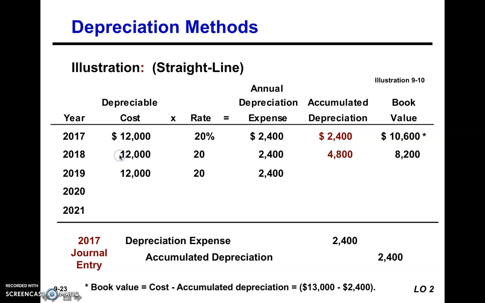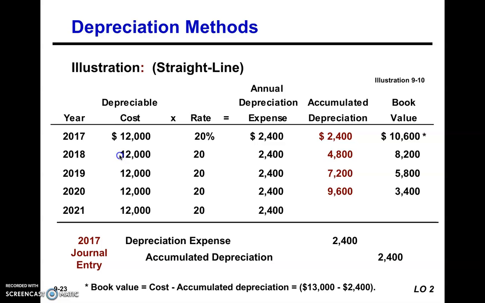So each year we're making the same journal entry, but as you see, the book value is going down. Now, the last year of the operation, the book value becomes the salvage value, the amount that we cannot depreciate because we're expecting to get back. So the journal entry each year would be the same journal entry.